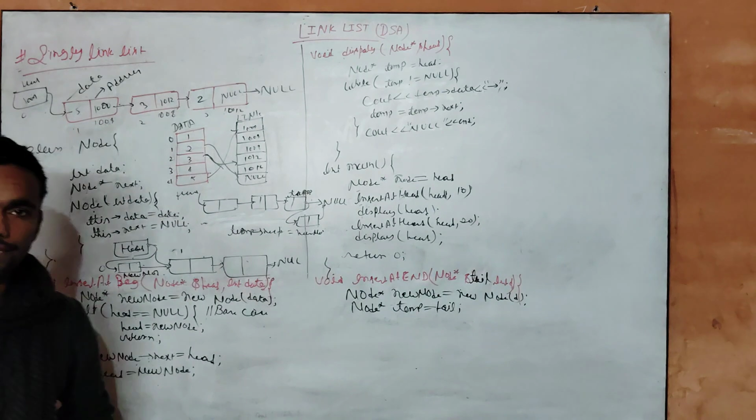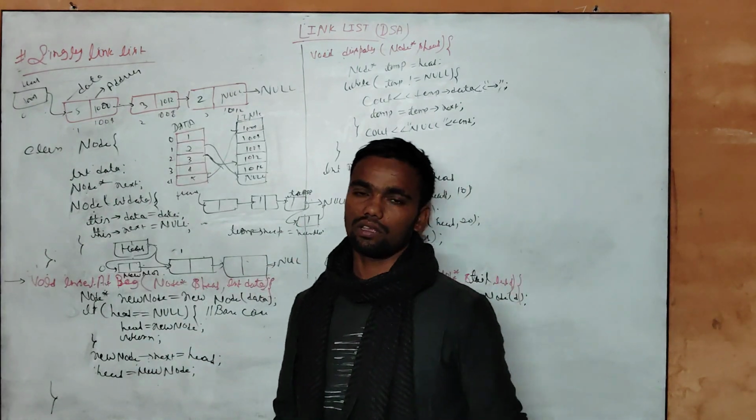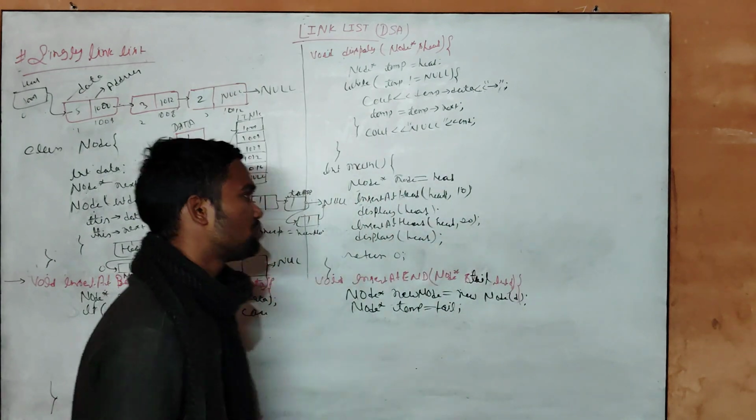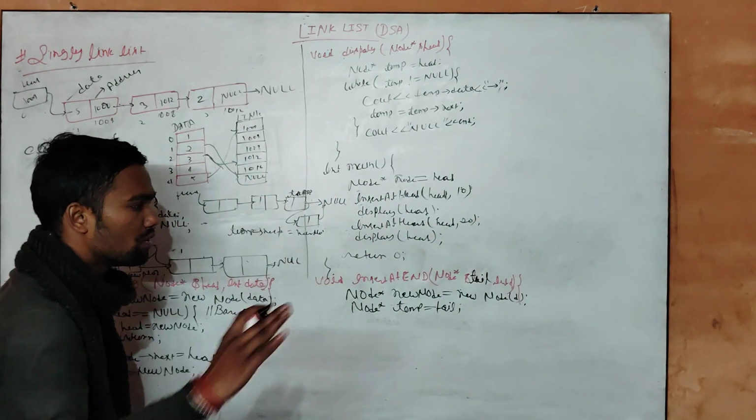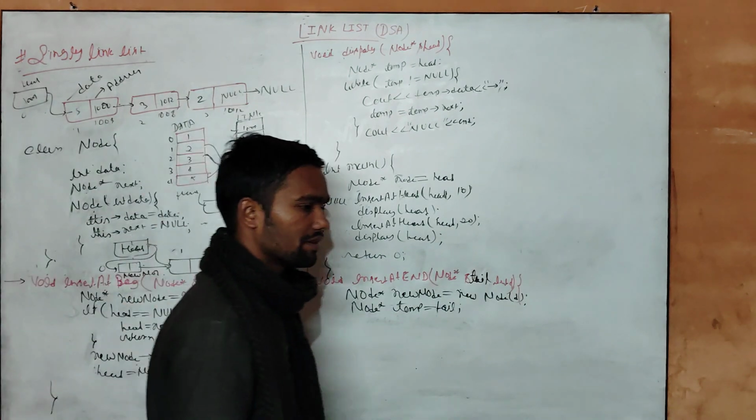How can I check the base condition? If tail is equal to null. Suppose we have no node, then how can we insert? In the first position we can say that our node is tail.